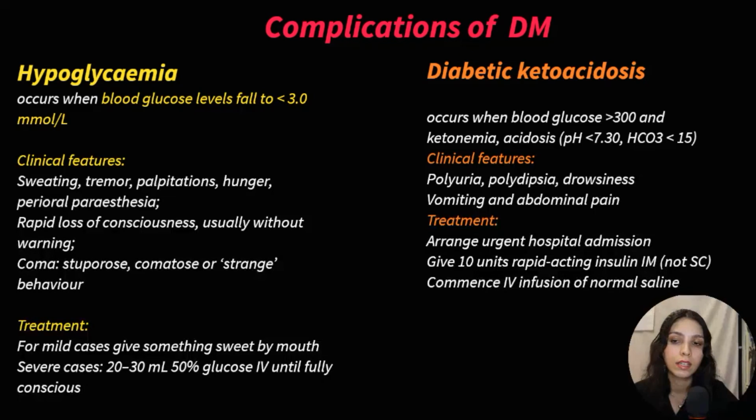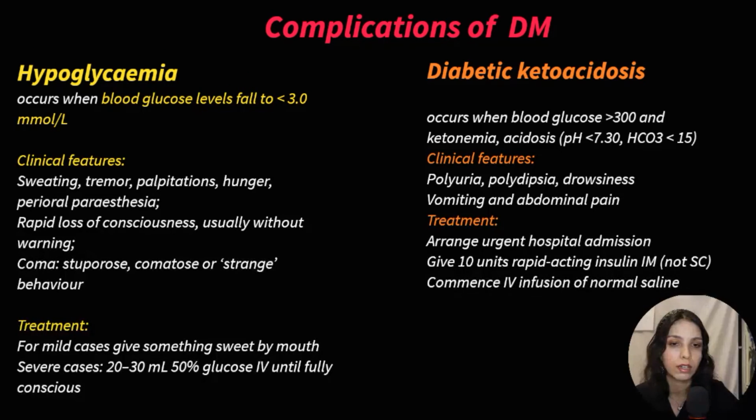It's a life-threatening condition, and it requires intensive management. It usually occurs during some illnesses when insulin is omitted by this patient. And of course it can also occur in type 2 diabetes mellitus. Diabetic ketoacidosis is when blood glucose is greater than 300. There is also ketonemia and acidosis.